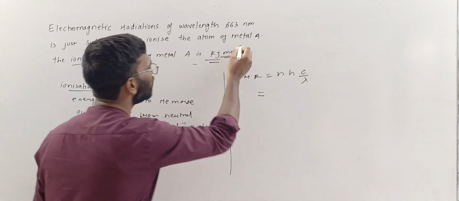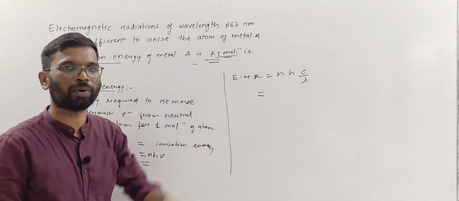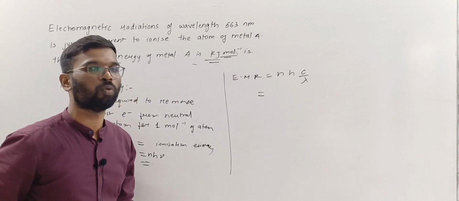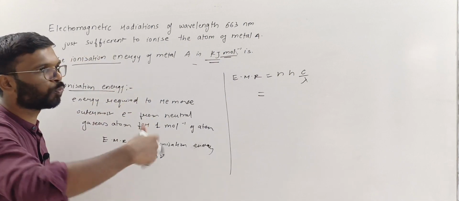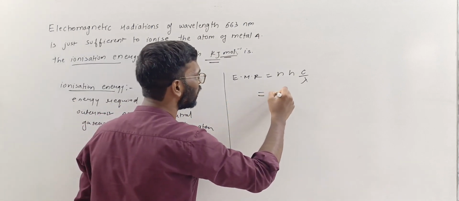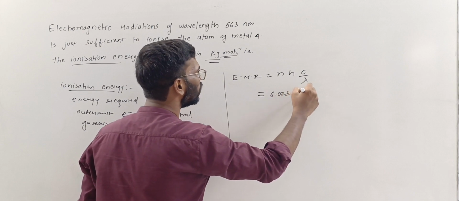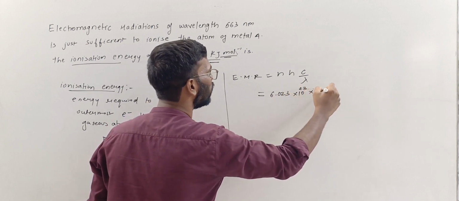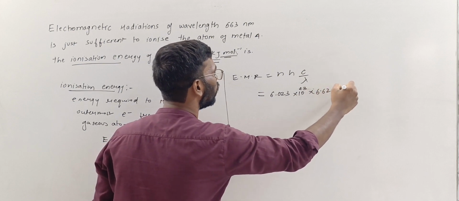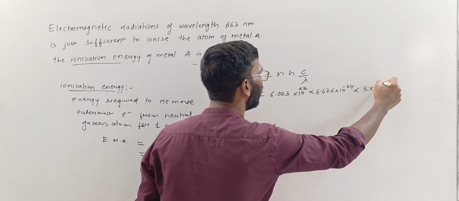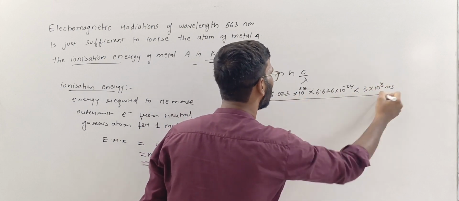N is, since this is kilojoules per mole and it is ionization enthalpy, for 1 mole of atoms, right? You are removing the electrons from 1 mole of atoms, so N is equal to 6.023 into 10 raised to 23. h is 6.626 into 10 raised to minus 34, and speed of light is 3 into 10 raised to 8 meter per second, divided by the wavelength.